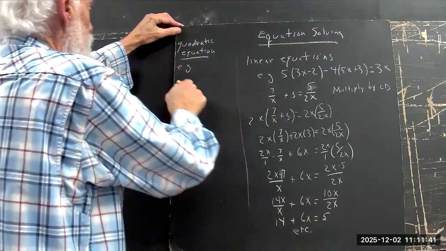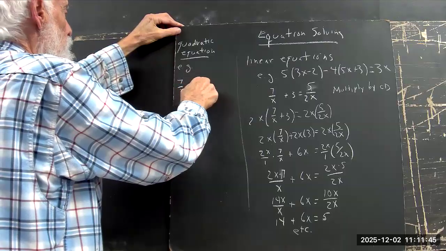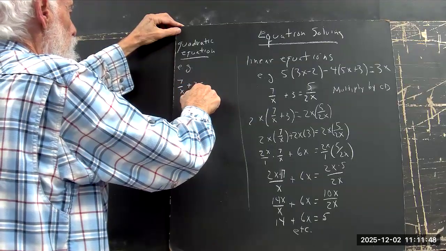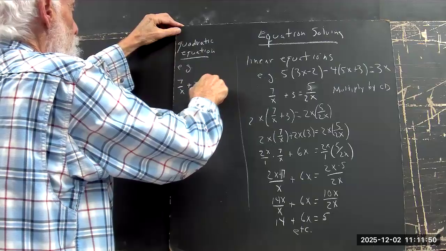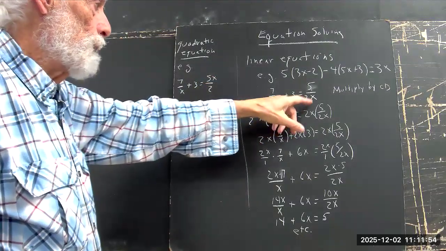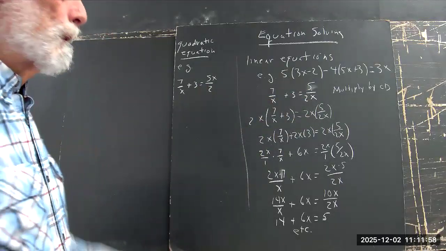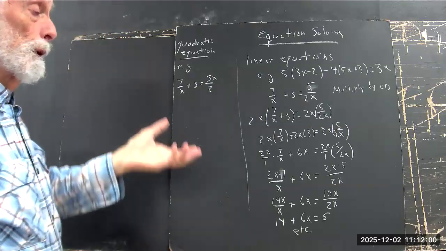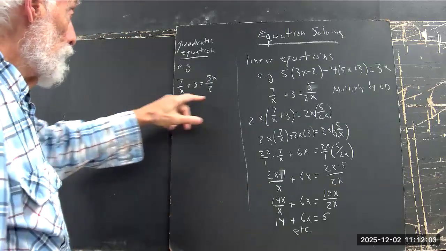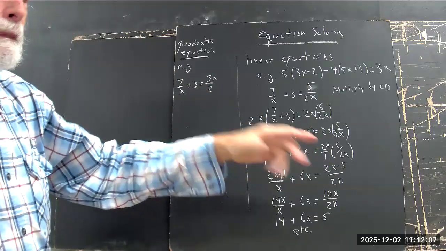Let's do the same numbers we used here, except the 5/2x, I'm going to put the x in the numerator, 5x/2. Okay, so the common denominator is 2x, right? So we want to clear the denominators. Anytime you got denominators in a fraction, clear them out.